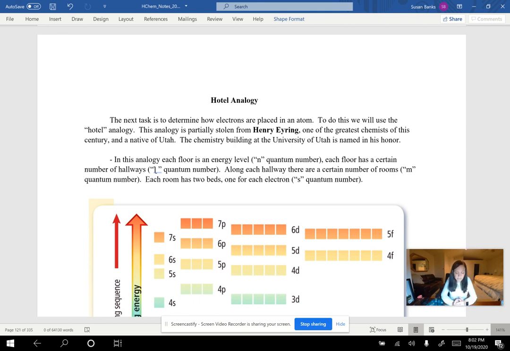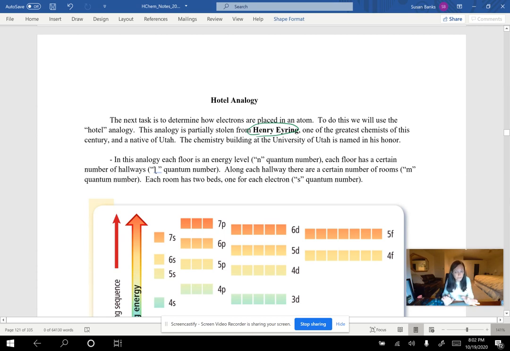Now, Henry Eyring studied chemistry under Einstein at Princeton. And Henry Eyring was brought here to the University of Utah to actually start their graduate studies. And before that, the University of Utah really only gave out bachelor's degrees. And Henry Eyring was one of the champions of the University of Utah in bringing advanced degrees in advanced science to the University of Utah.